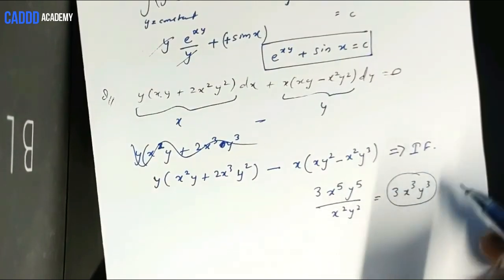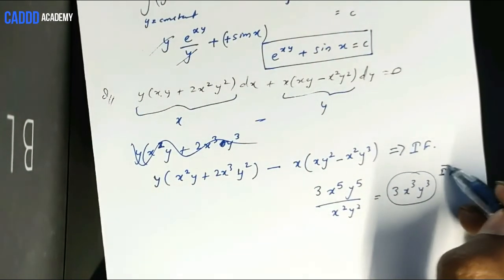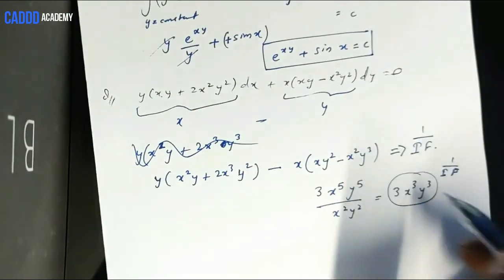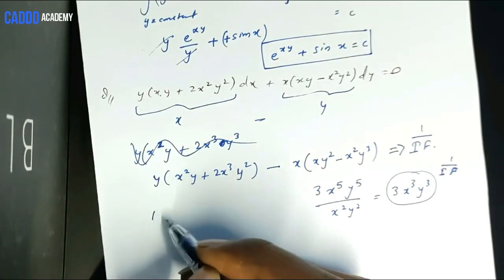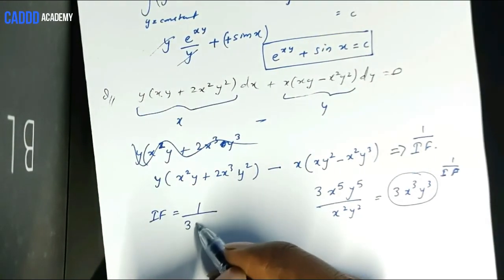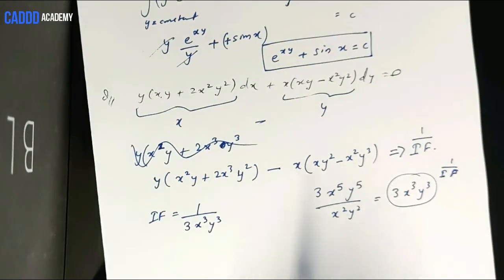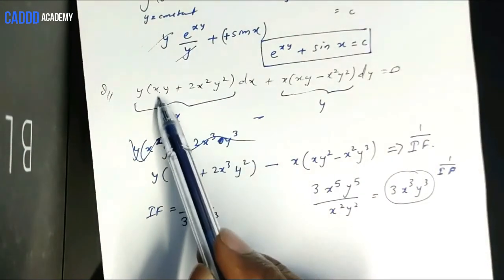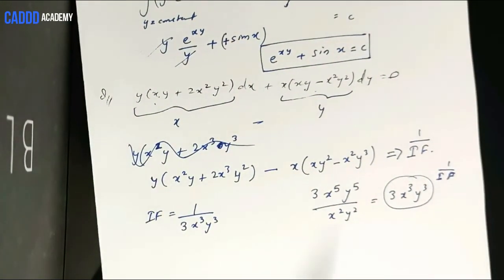So this is the integrating factor's reciprocal, okay. This is the reciprocal of this thing, we call it the integrating factor, 3x cube y cube. So this is the integrating factor. We will multiply this thing into both terms of this equation.